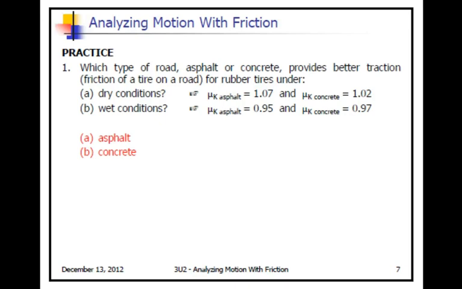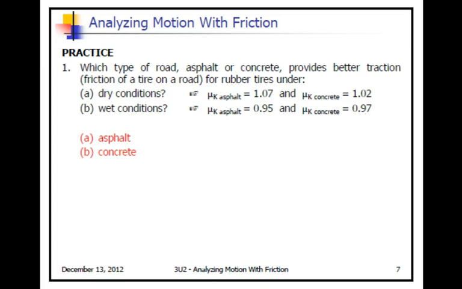So here we're given the coefficient of kinetic friction for asphalt and concrete, and the coefficient changes depending on the conditions of the road. When we have dry conditions, asphalt is 1.07, and when we have wet conditions, the asphalt falls down to 0.95.